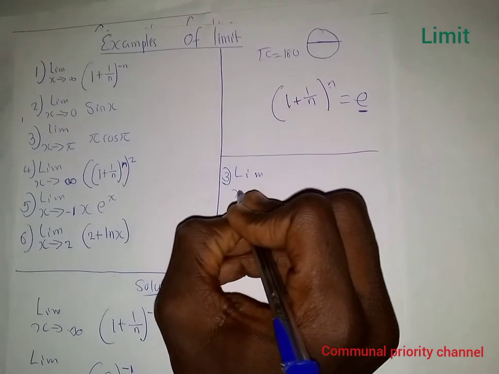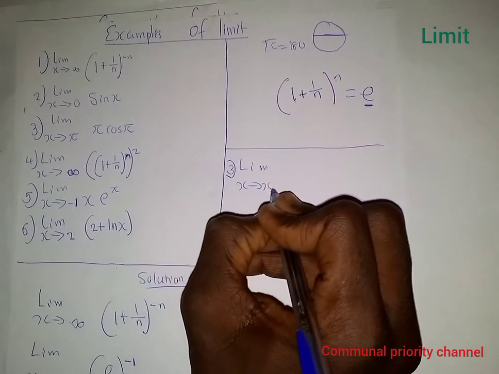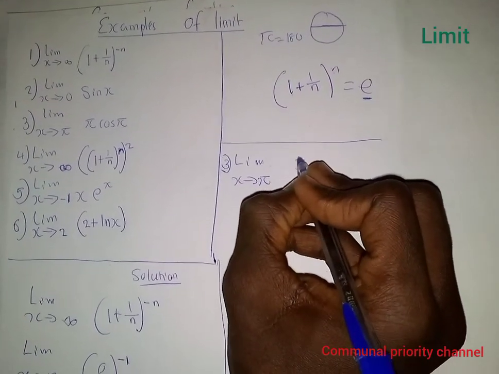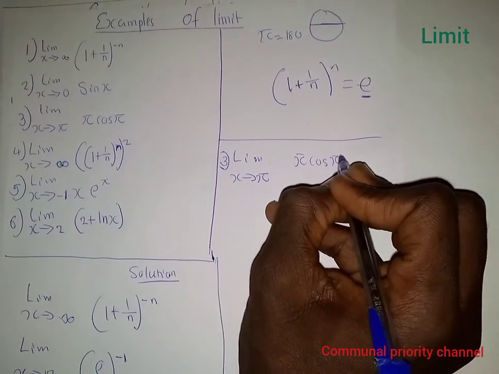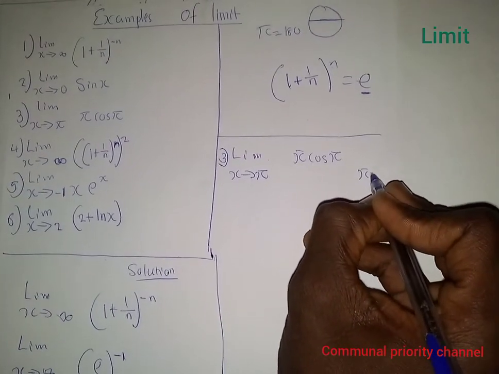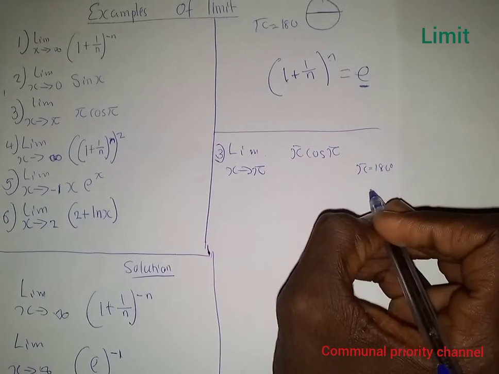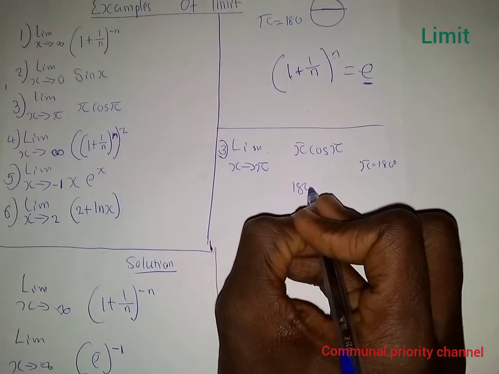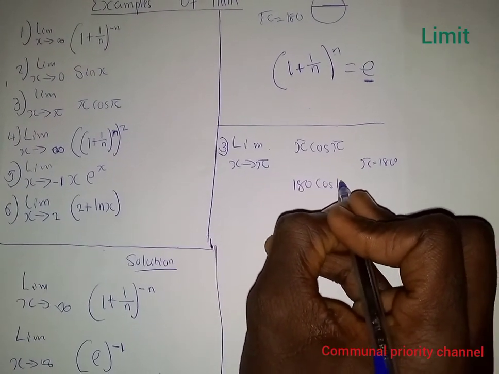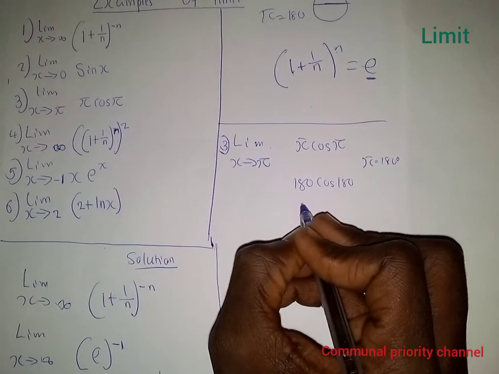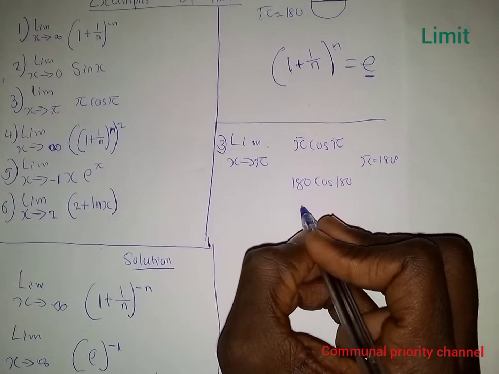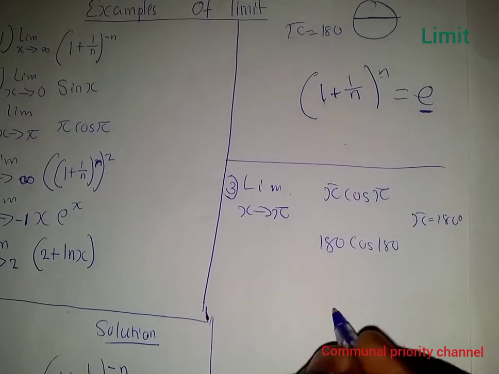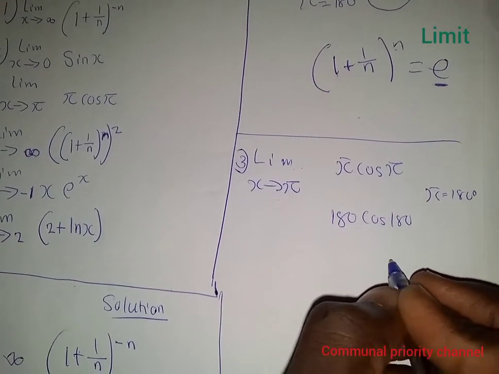Our limit as x approaches pi will be pi cos pi. And we say our pi is equal to 180 degrees. So therefore we have 180 cos 180. And cos 180 is minus 1.